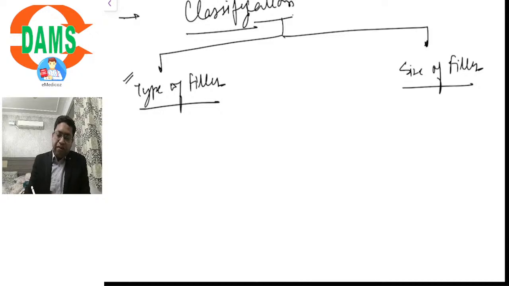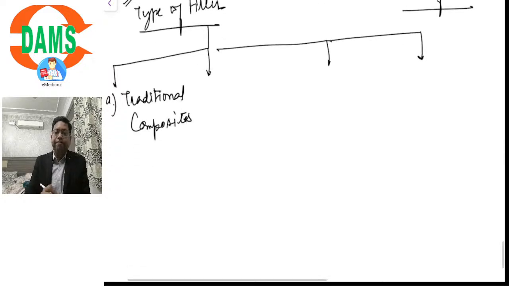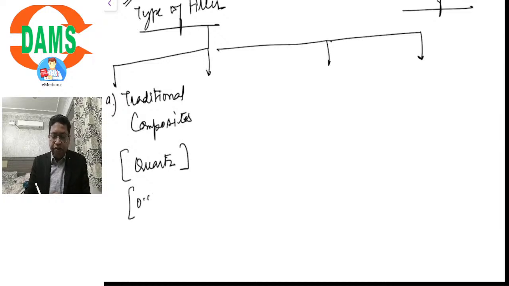To simplify the procedure, based upon the type of fillers, four principal composites are present conventionally. The first ones are called traditional composites. Traditional composites contain quartz filler particles which are quite large, 8 to 12 micron in size.